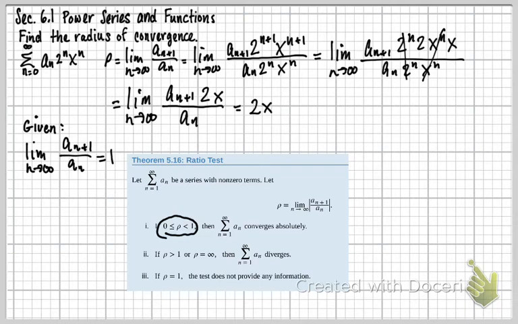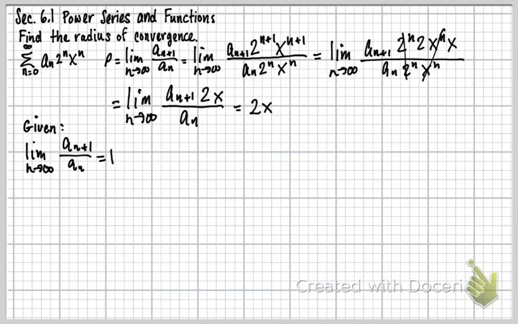Okay, actually between 0 and 1. So that means this absolute value has to be, well, no, it is the absolute value. It has to be less than 1.